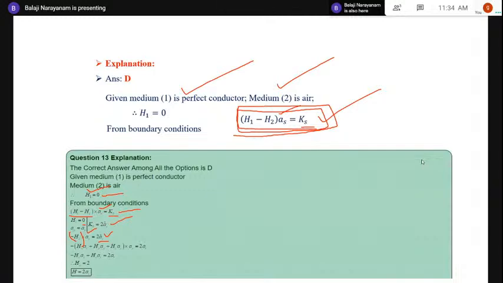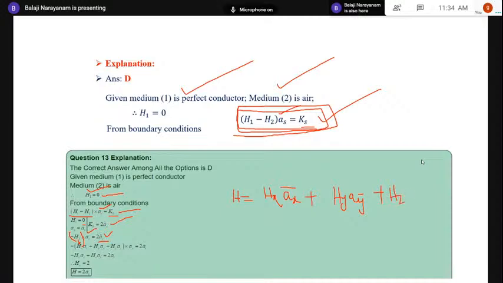In place of H, we may write H having three components. Hx is the component along the x direction. So we replace H2 with Hx Ax bar plus Hy Ay bar plus Hz Az bar.